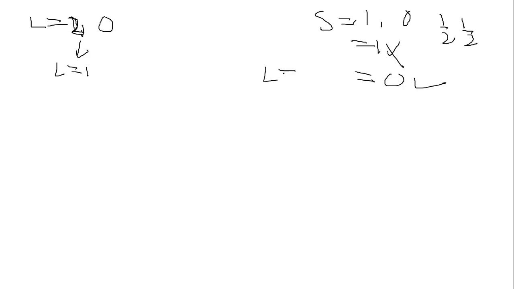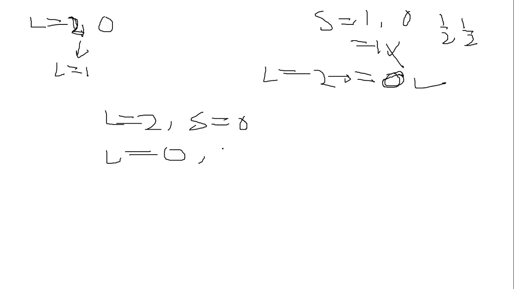So if we take L equals 2, then we can take S equals 0. So the allowed combination is L equals 2, S equals 0, and similarly if we take L equals 0, then we can take S equals 1.